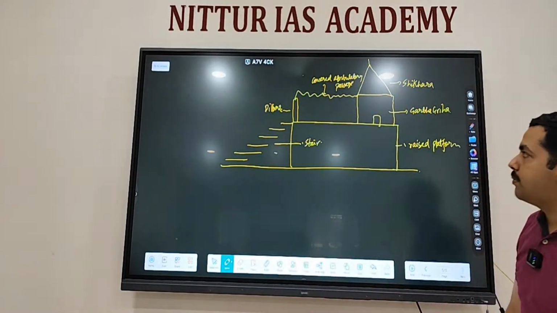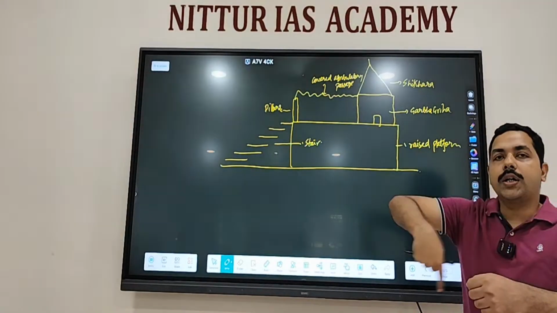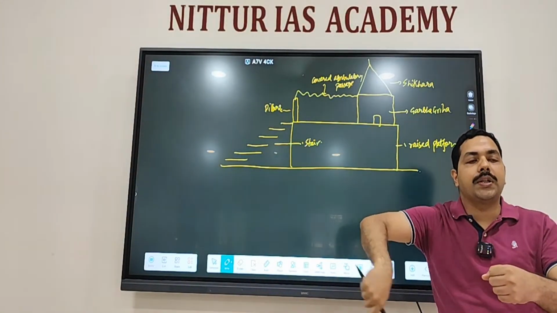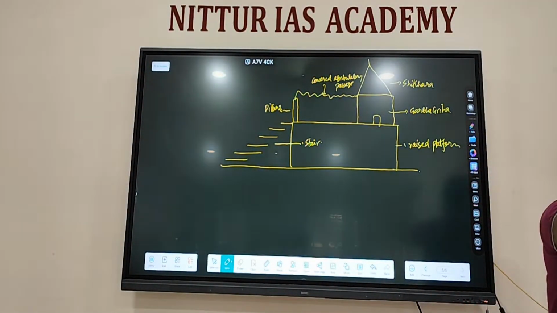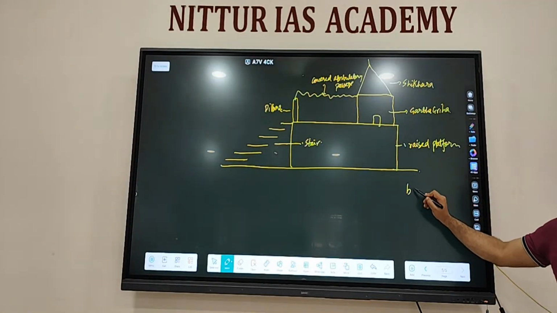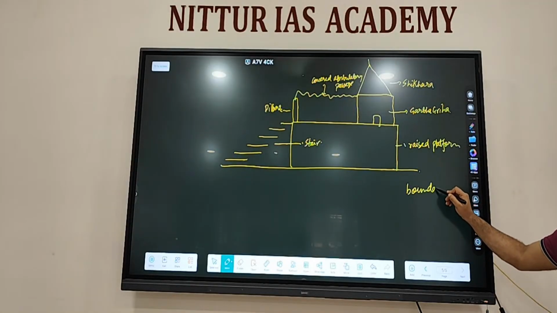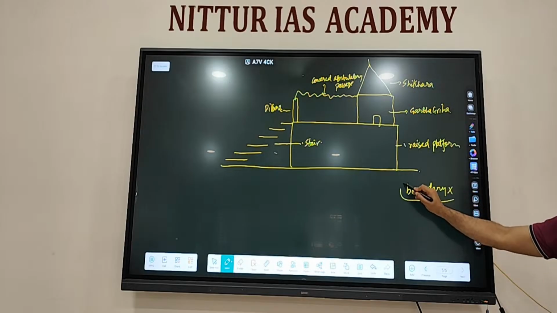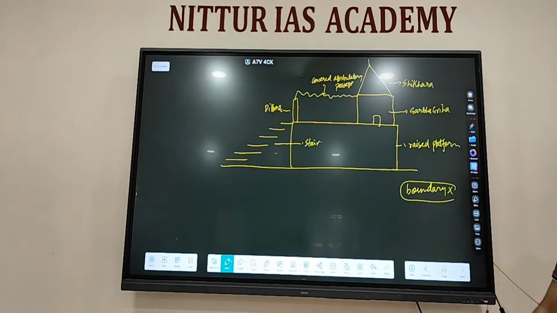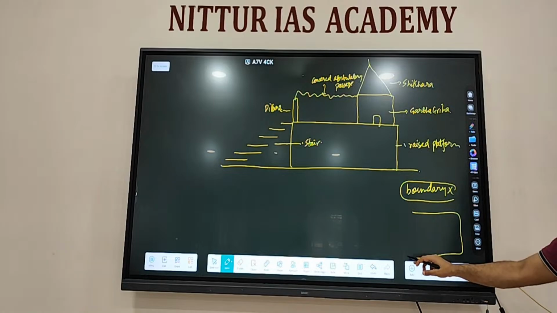Around the Garbhagriha you have the Pradakshina Patha, and you have a covered Mandap to reach the Garbhagriha. So these are the main features that you find in the Nagara school. Now, the Nagara school does not have a boundary. Temples do not have a boundary, unlike in southern schools, like the Dravidian school, where temples have a boundary wall.